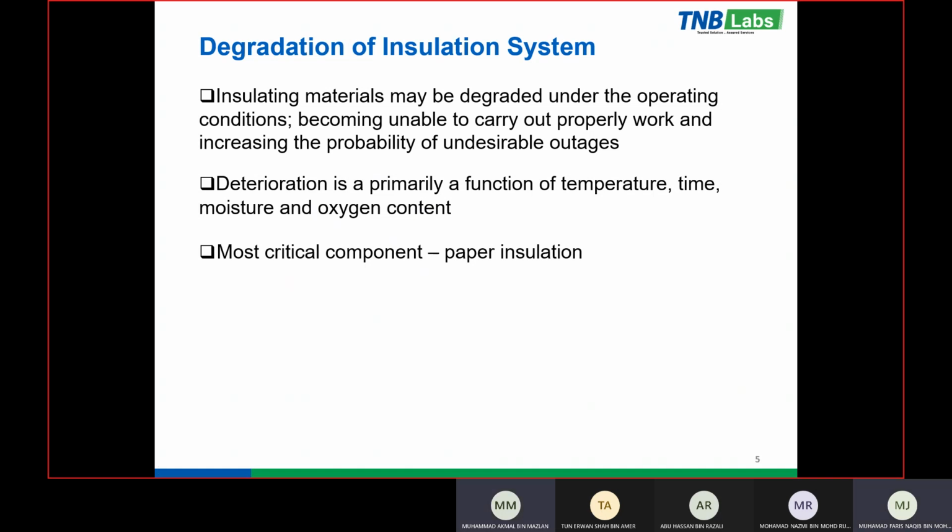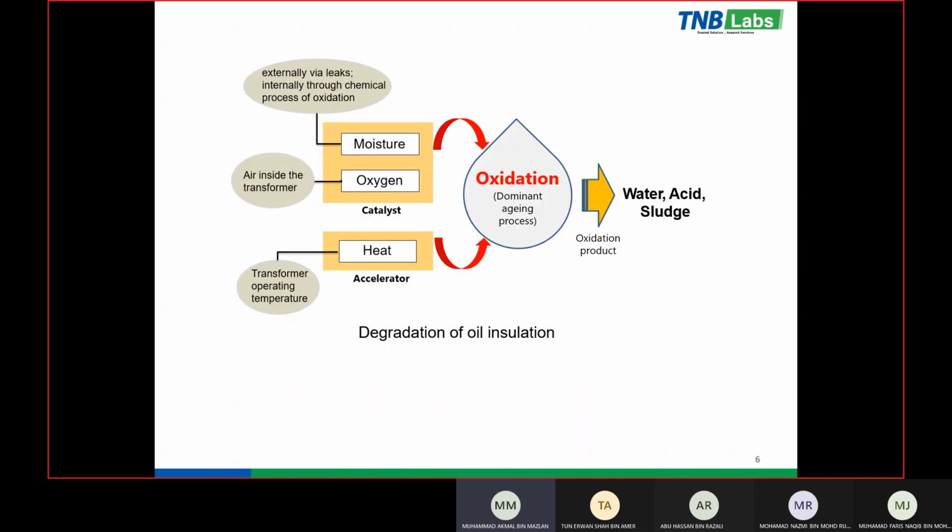Okay, thank you Nakib for that splendid explanation about the insulation system. I will continue with the degradation of the insulation system, which is something that I learned from the last talk. Next slide. Okay. The insulation system has two parts, like what Nakib said, which are the oil and also the paper insulation.